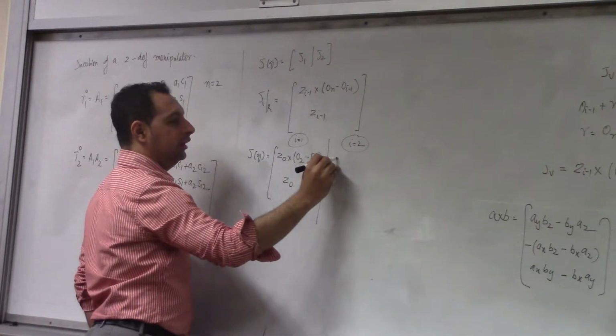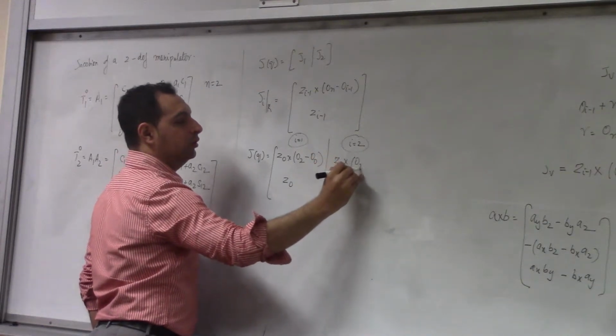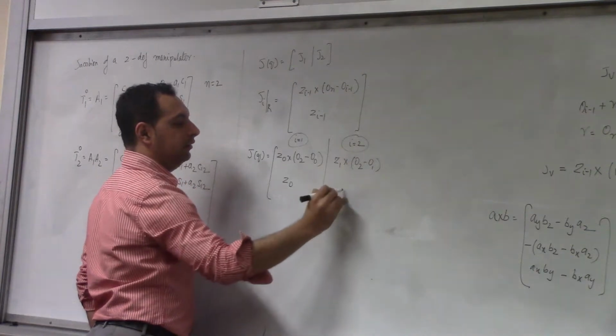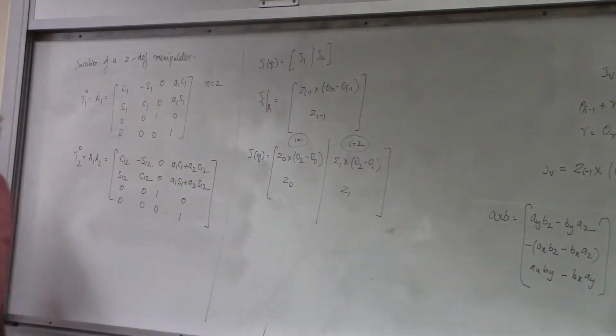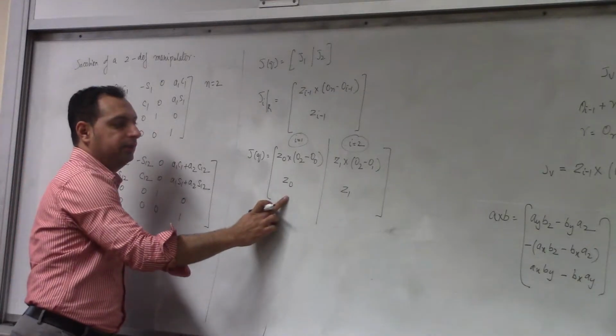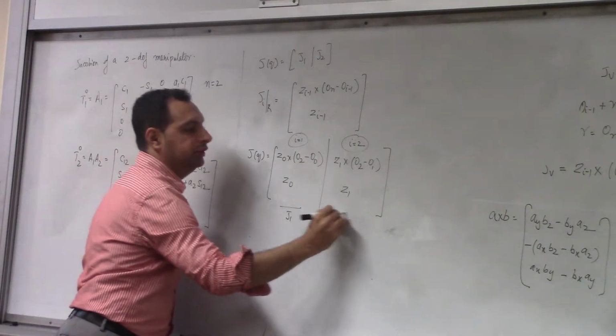Here you will have Z1 cross O2 minus O1. So we need to find these two. This is your first column of the Jacobian, J1, this is J2.